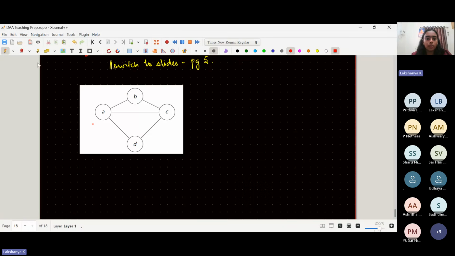We have to find a vertex cover for this. So I'm going to start with this edge. Now what I will do is put both the corresponding endpoints into my vertex cover subset. Now I will delete both of these from the graph. So when I delete A, this vertex gets deleted, this vertex gets deleted.